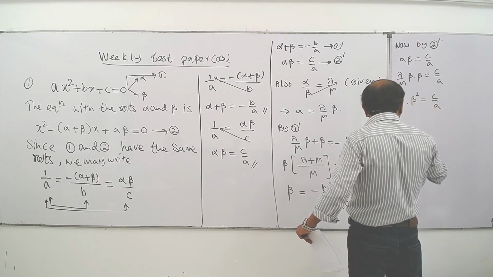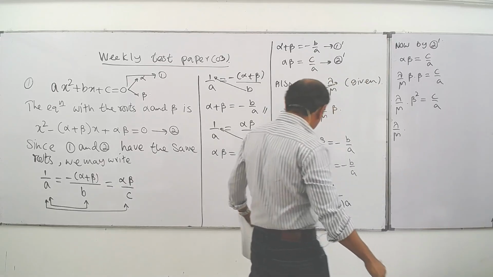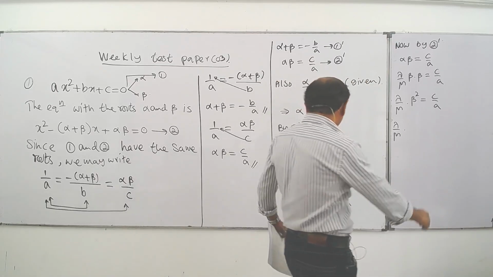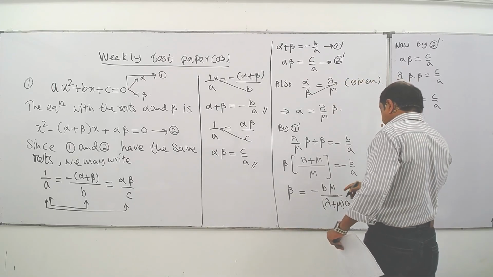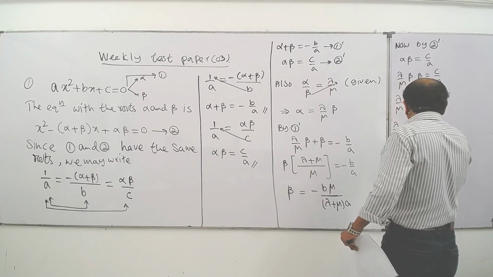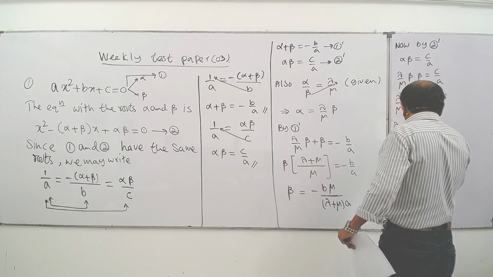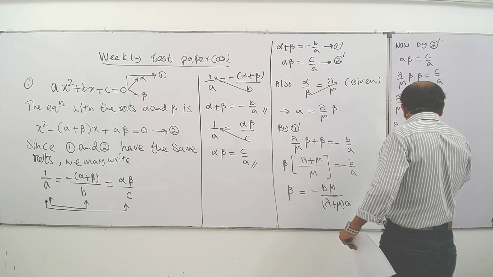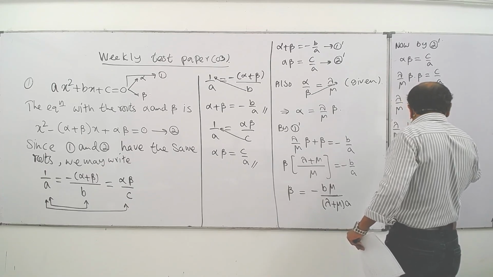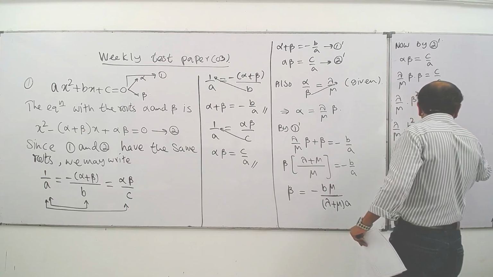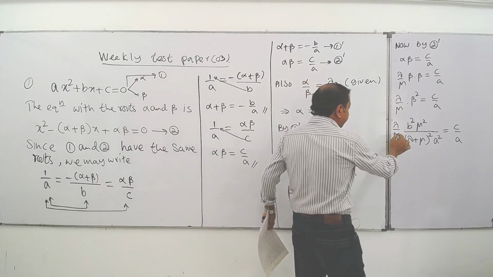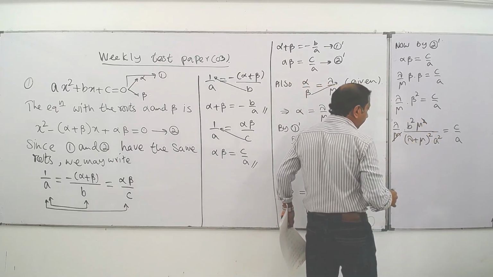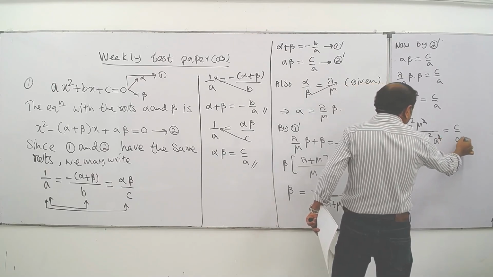Lambda upon mu beta squared: I'll square this. It is b squared mu squared divided by lambda plus mu perfect squared and a squared, equal to c upon a. Now one mu you can cancel out with this, and one a you can cancel out with this.